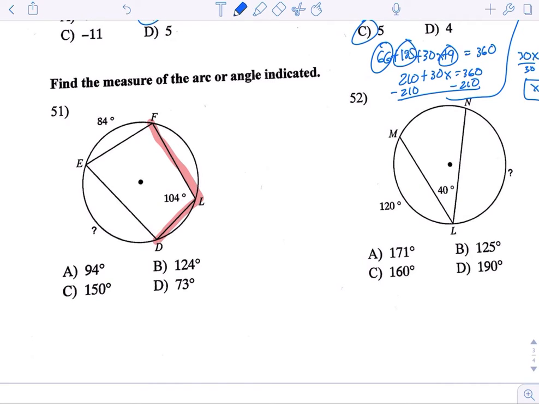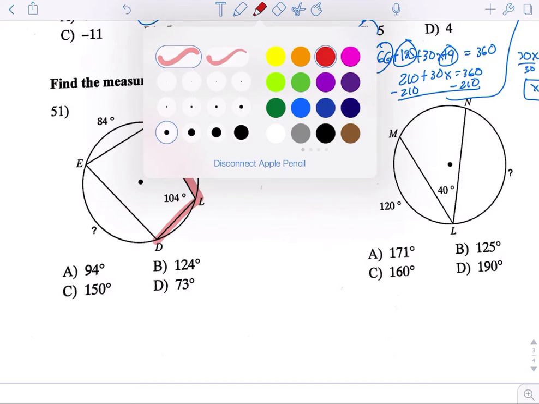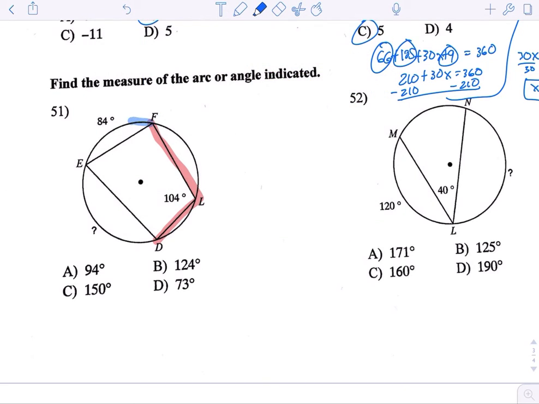So remember, the inscribed angle is half of the intercepted arc. So it's half of this arc right here, half of that blue. So if it's half the blue, that just means that the blue is double of that. So the blue is really 104 times 2 for 208.